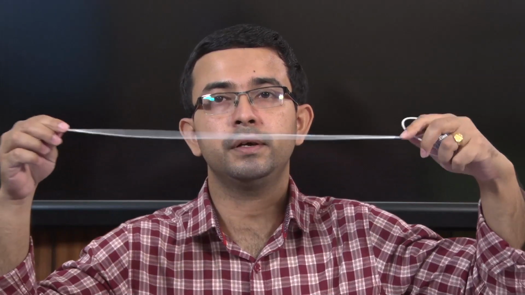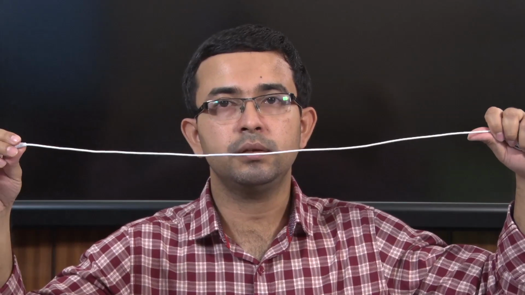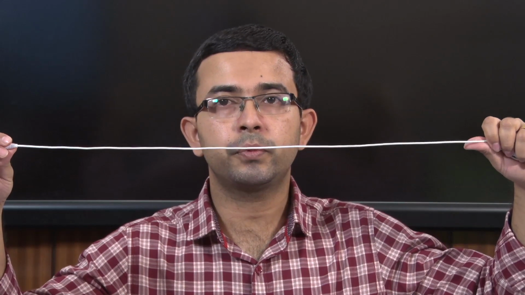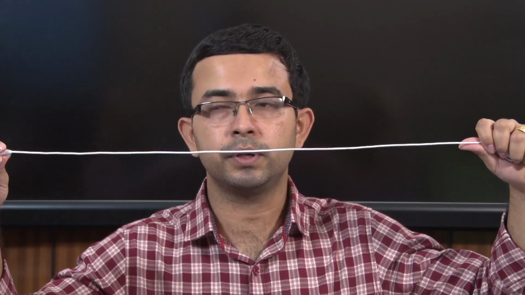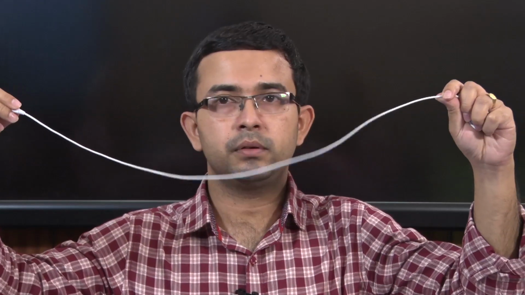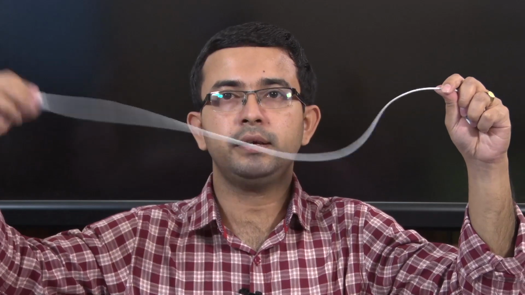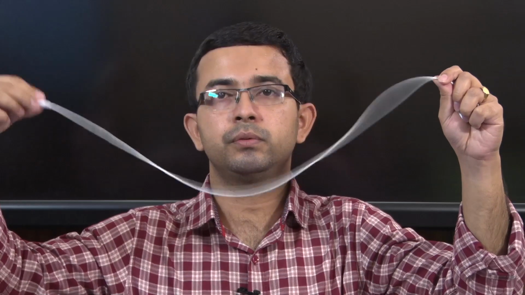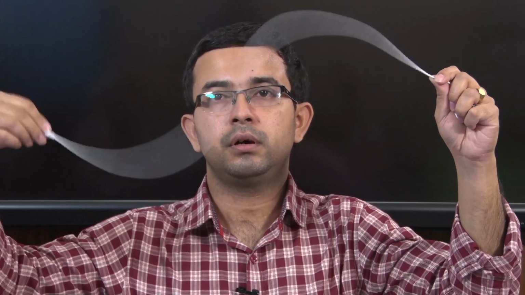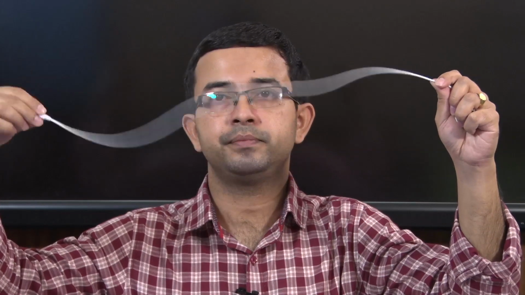So, let us demonstrate a simple wave propagation. Here I have a string. If I want to produce a transverse wave, I need to vibrate it, but my left hand is fixed, and then with my right hand I am trying to produce some vibration.